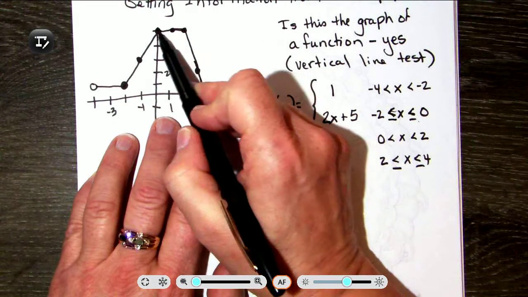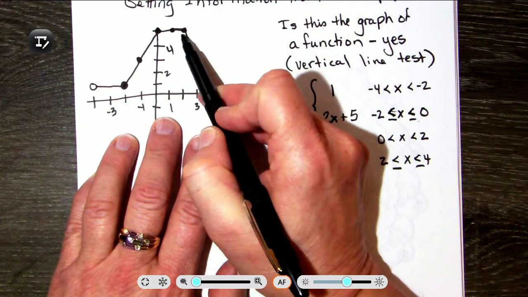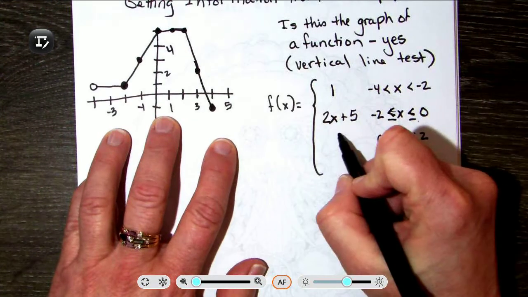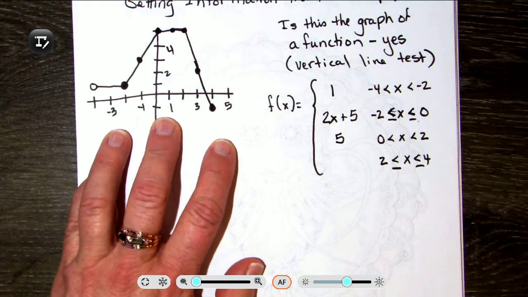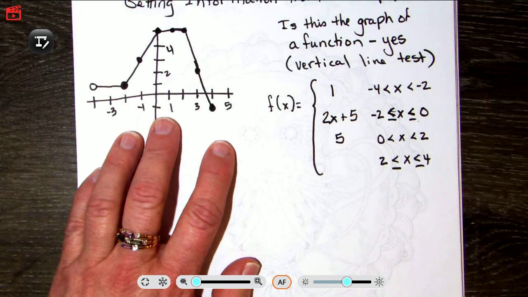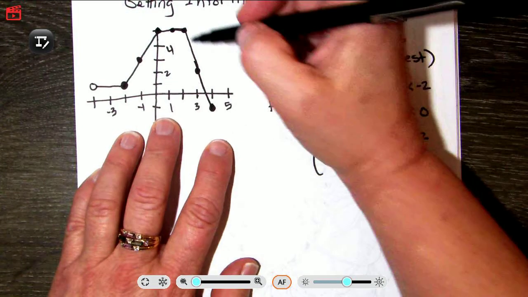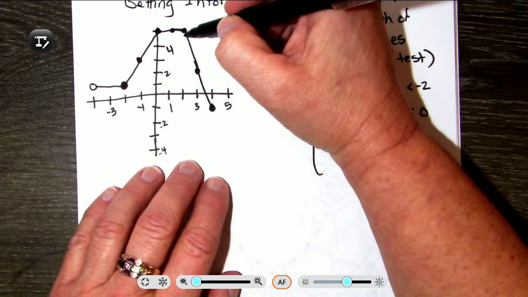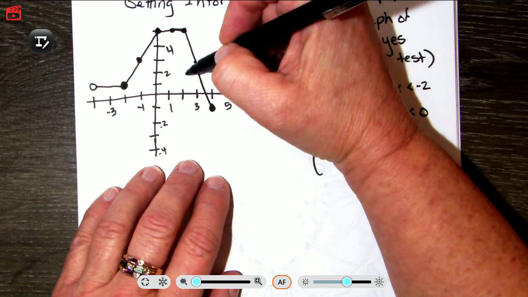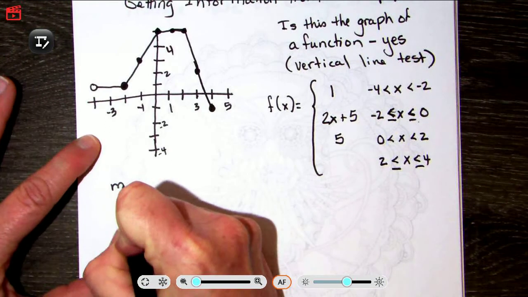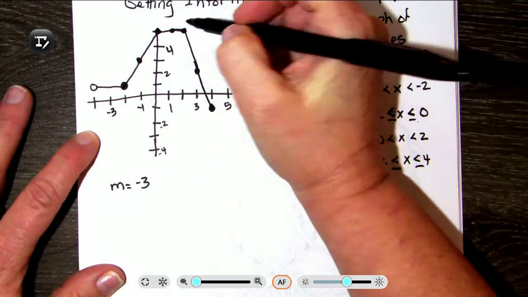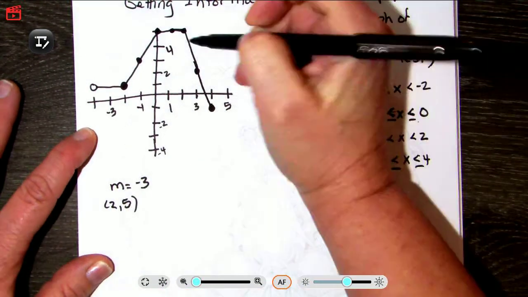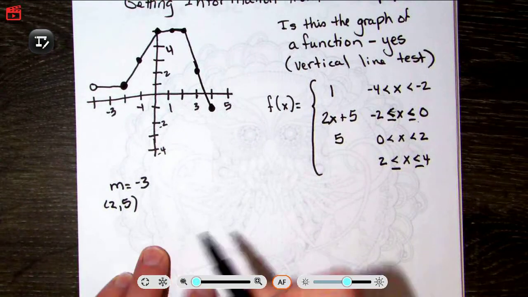This third piece, again, is a flat, straight line that is at the value of 5. So y equals mx plus b, again, where m is 0. This fourth part has a slope of down 1, 2, 3, and over 1. So our slope is -3, and it does go through the point (2, 5). It goes through a couple other ones, but I'm just going to use the (2, 5).